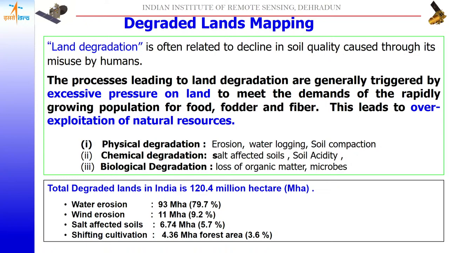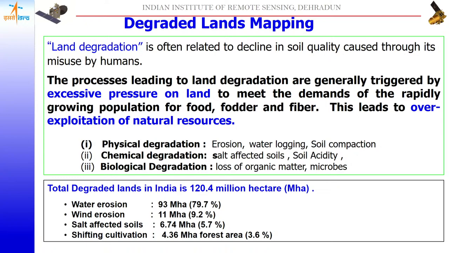There are various reasons for degradation, and we can characterize physical degradation, where your surface gets changed: erosion, water logging, soil compaction. Chemical degradation means the soils get affected by salts, or soil acidity. Third is biological degradation, where there is loss of organic matter. When we are plowing and cropping, we expose the soils to the atmosphere, to the sun. So soil carbon gets reduced.